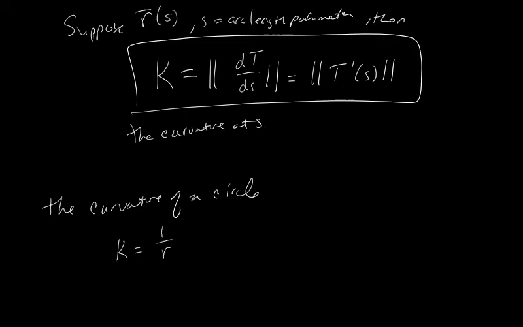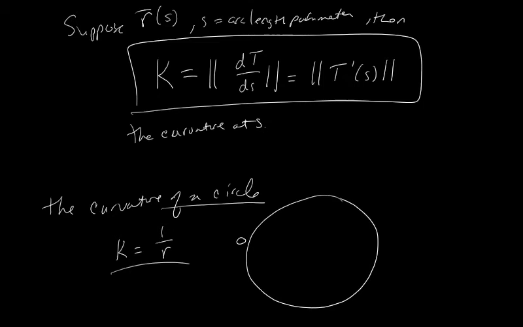So if you have a circle of radius 3, the curvature is 1 over 3. Okay, and what that means is that the larger the circle is, the greater the radius is, the smaller the curvature is, and that makes sense. A very small circle has a very quick curve, whereas a very large circle would have a much slower curve.